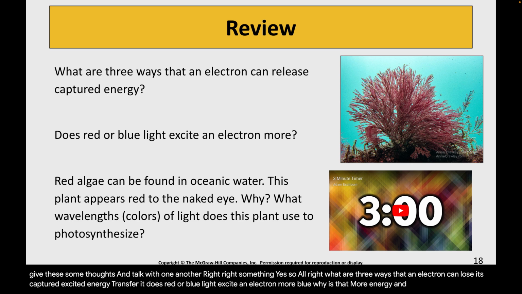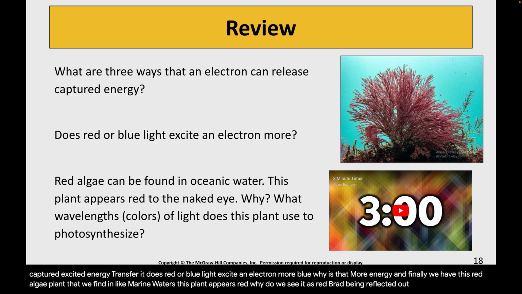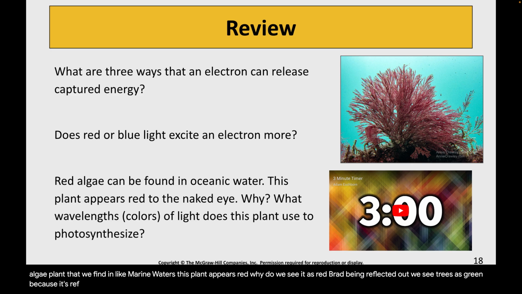And then finally, we have this red algae plant that we find in marine waters. This plant appears red. Why do we see it as red? Yeah, because it's the red being reflected out. We see trees as green because they're reflecting the green back at us because they're not using the green.